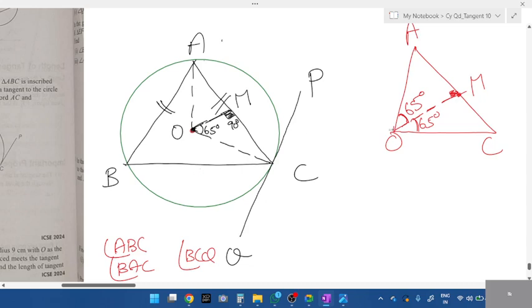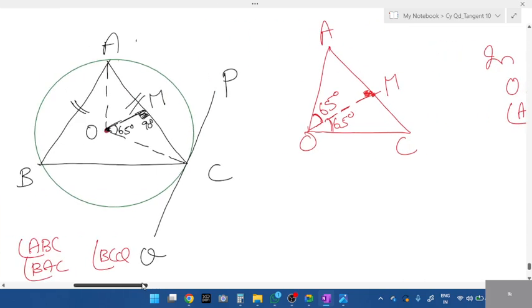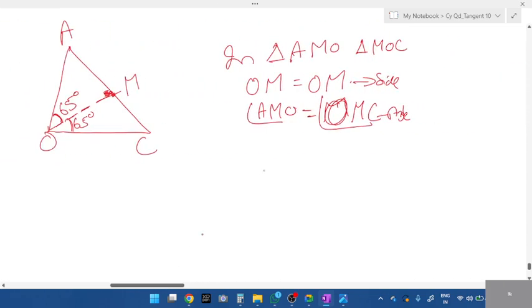Be quick. What is the dotted line? Radius is equal. OA is equals to OC. Again a side. So they both are congruent, students. You have to prove it. Congruency. Prove they are congruent. Therefore, this triangle AMO is congruent to triangle MOC.